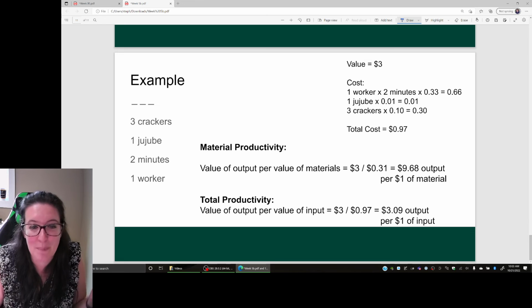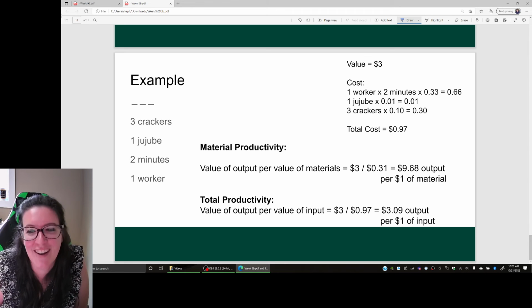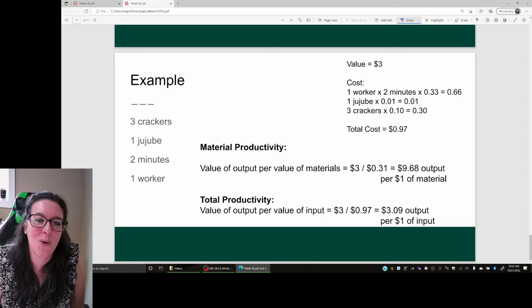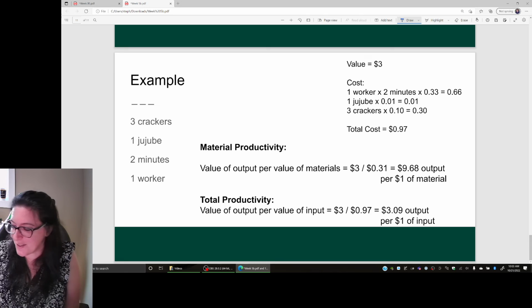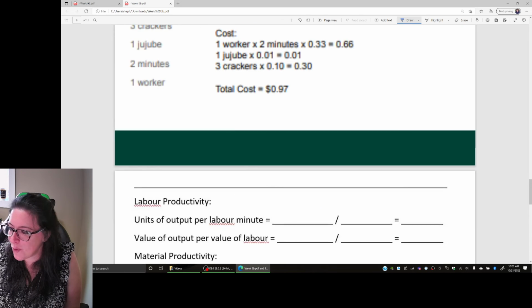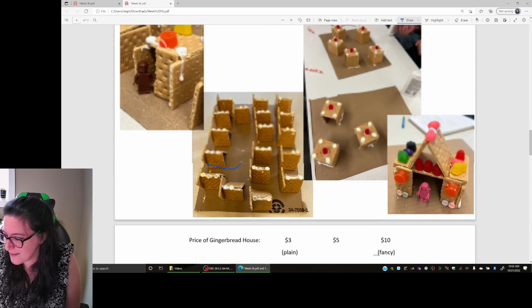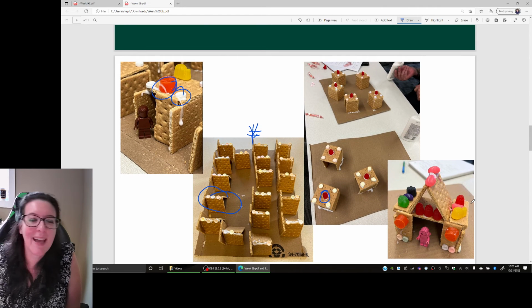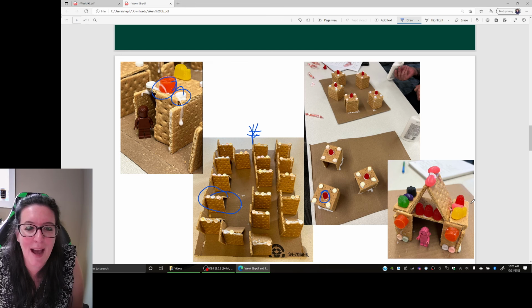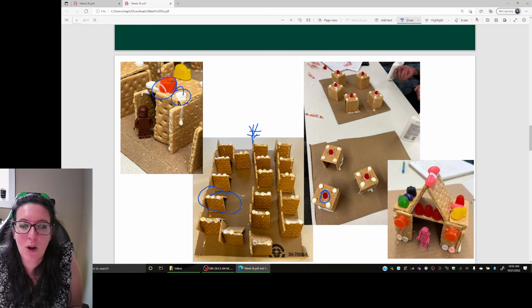Why? Because it's very basic. There were no decorations on it. And so we are very productive when it comes to our material use because we're really not using a lot of materials. If we look at much more elaborate houses, and we had some pretty elaborate houses, the more candy decorations you have, of course, the lower the material productivity, because we're going to have to spend more on all of that candy per house.